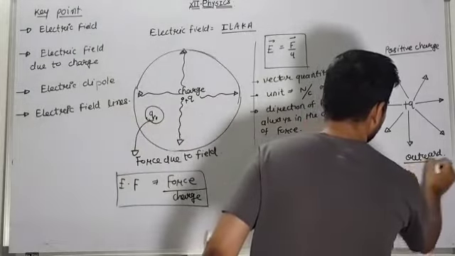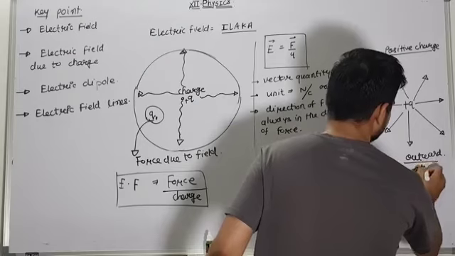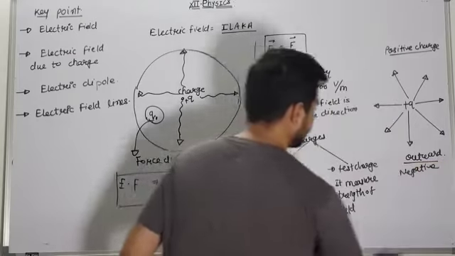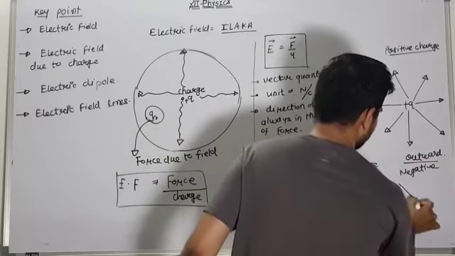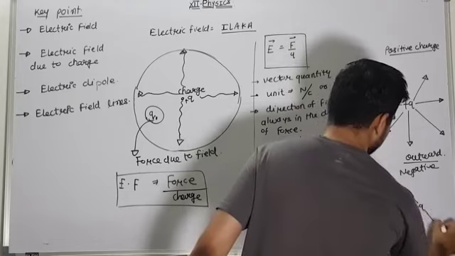And if we talk about a negative charge like an electron, so if there is minus q, its direction is like this.